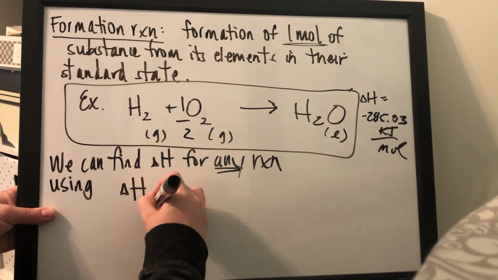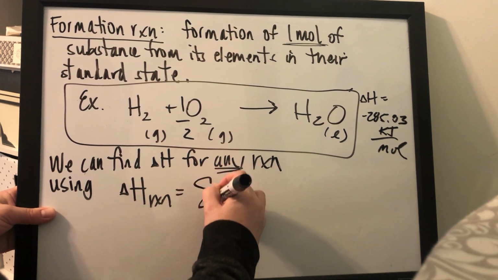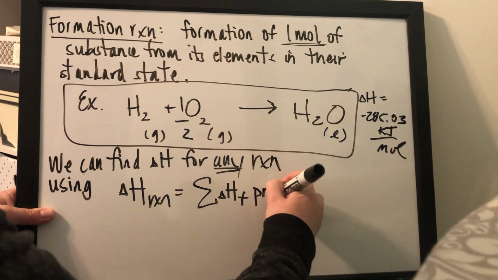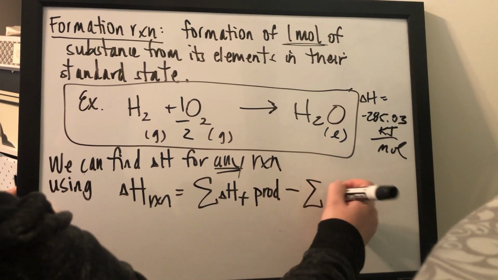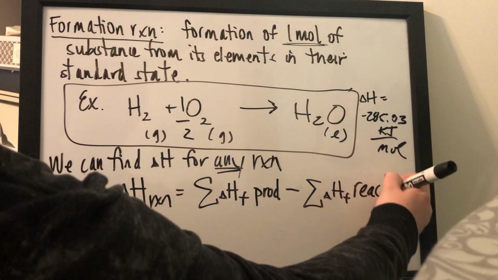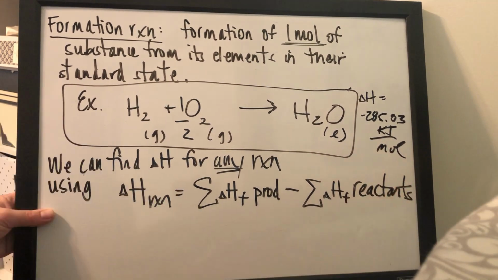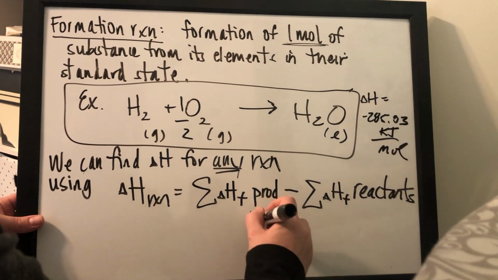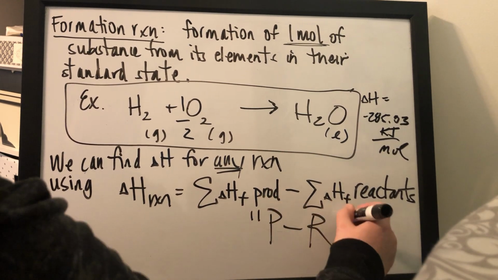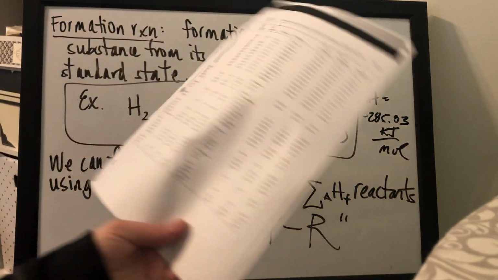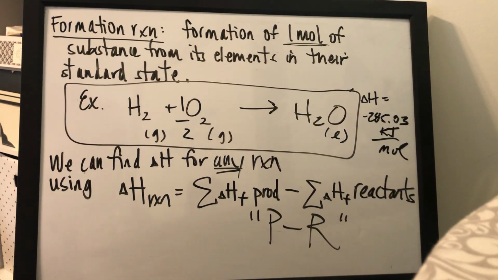Delta H equals the sum of the enthalpies of formation of my products minus the sum of the enthalpy of formation of my reactants. That's a lot to write. It's a lot to remember. So we call that P minus R. All coming from this packet.